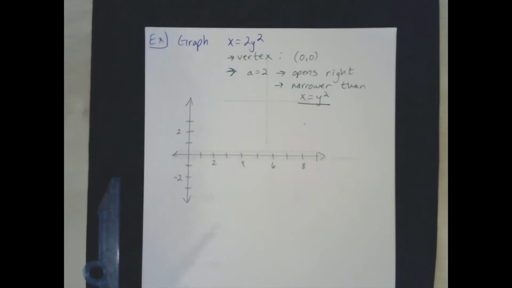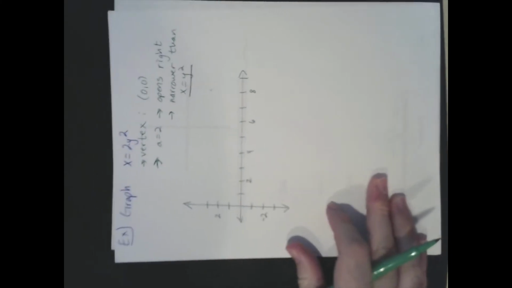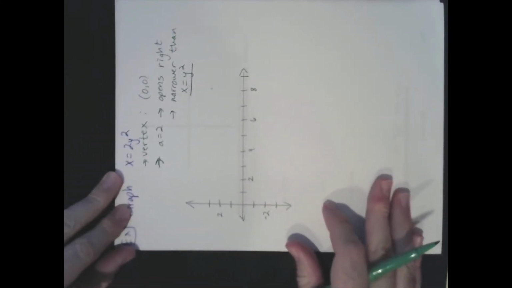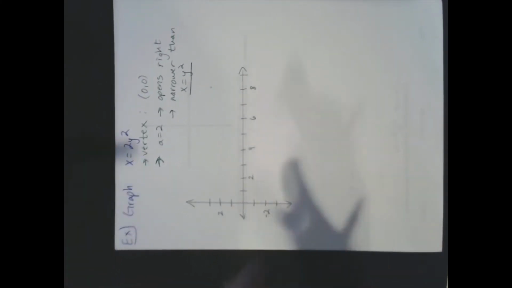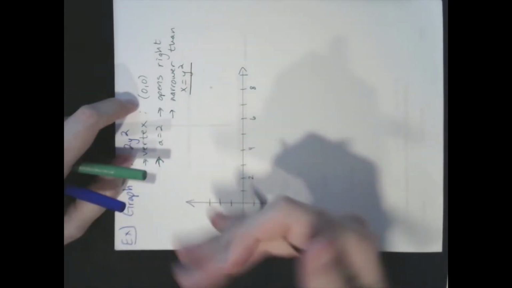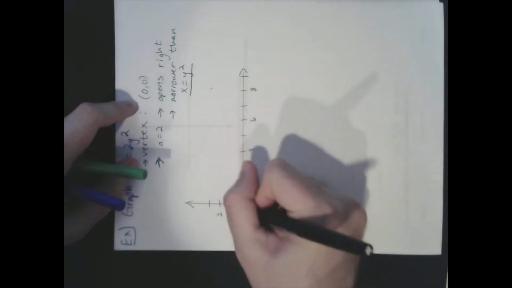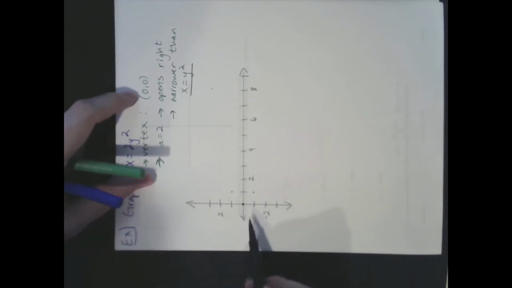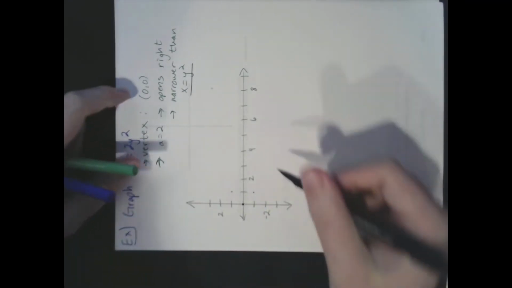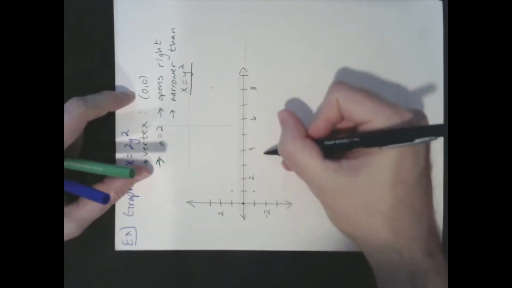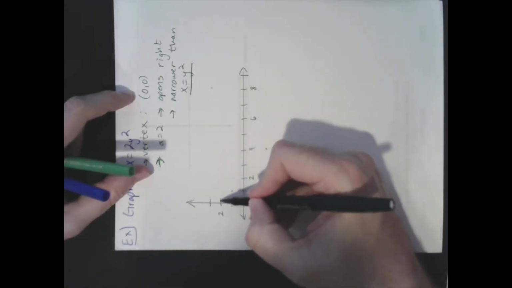And the way that I like to graph this is cheating a little bit, and I physically turn my paper. So now it's as if I'm graphing y equals x squared. So if I was to graph y equals x squared, and this was the y and this was the x, we go through 0, 0. We go through 1, 1, -1, 1. Now I know that this is actually -1. It's actually 1, -1, but same idea, doesn't change. -2, 4. 2, 4.